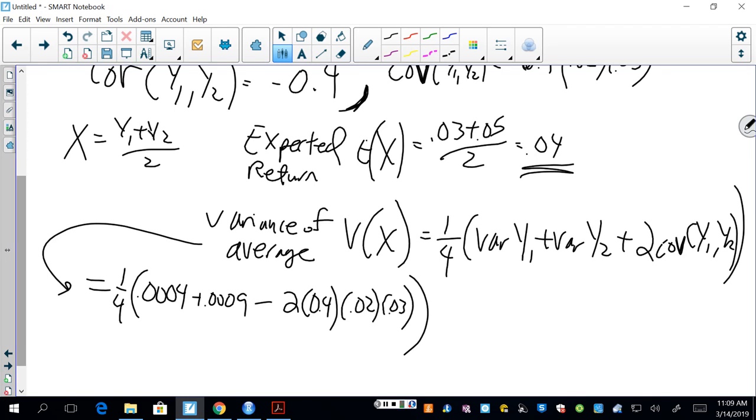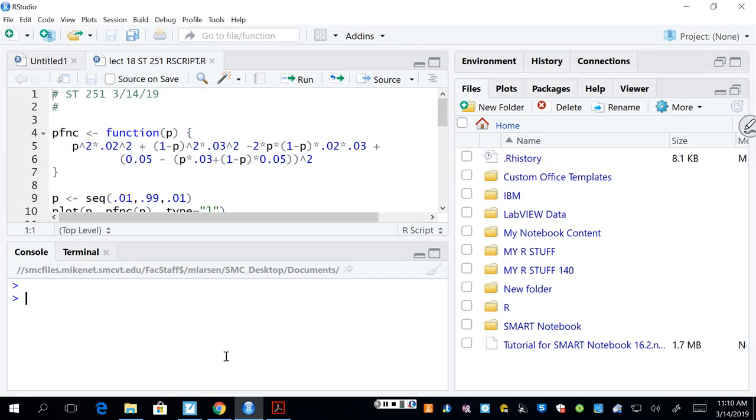So let's see what it comes out to be there. So we want 1/4 times (0.0004 plus 0.0009 minus 2 times the covariance, so 0.4 times 0.02 times 0.03). So that's the variance.